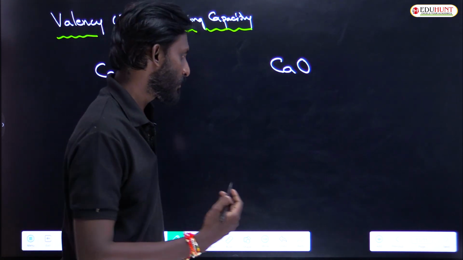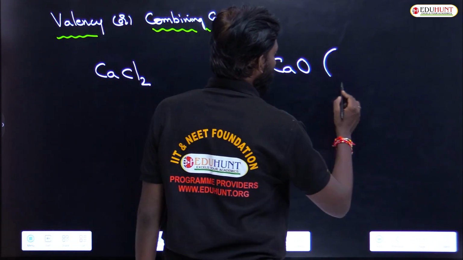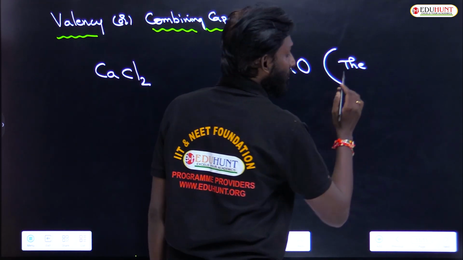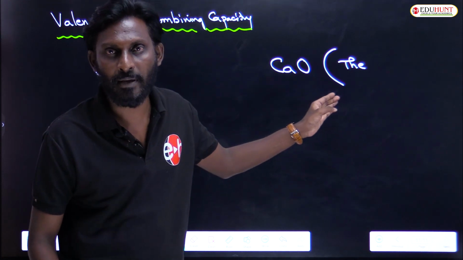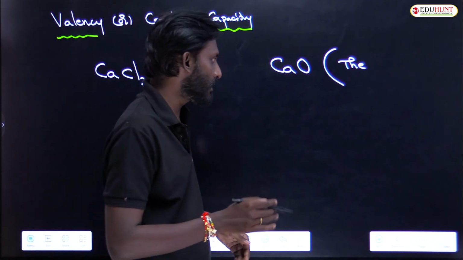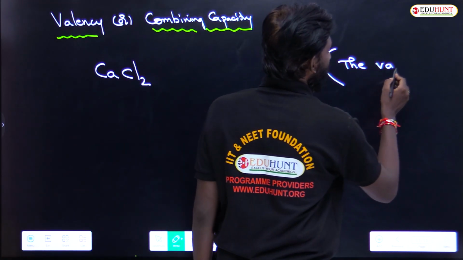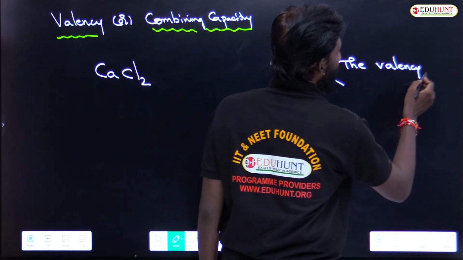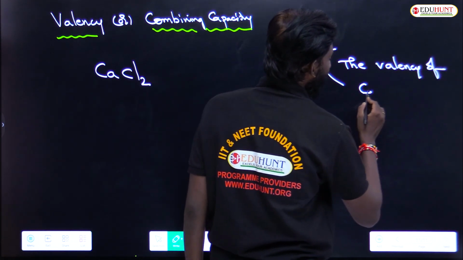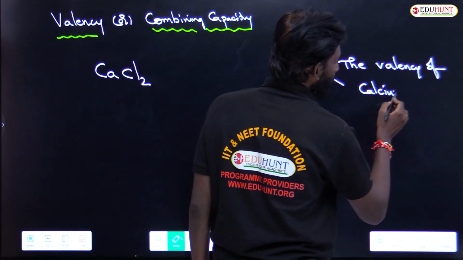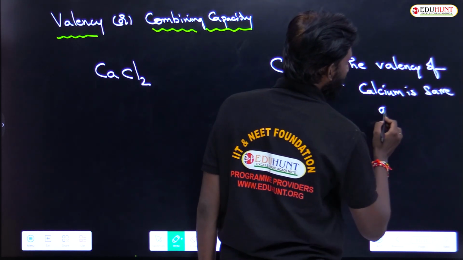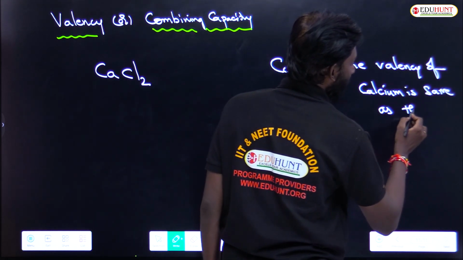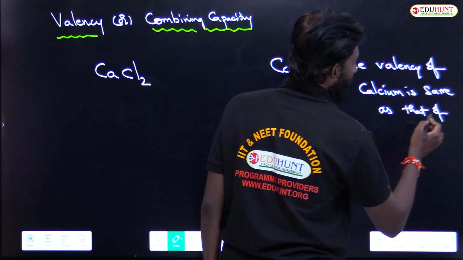It means the combining capacity of calcium is the same as the combining capacity of oxygen, or you can say the valency of calcium is the same as that of oxygen.